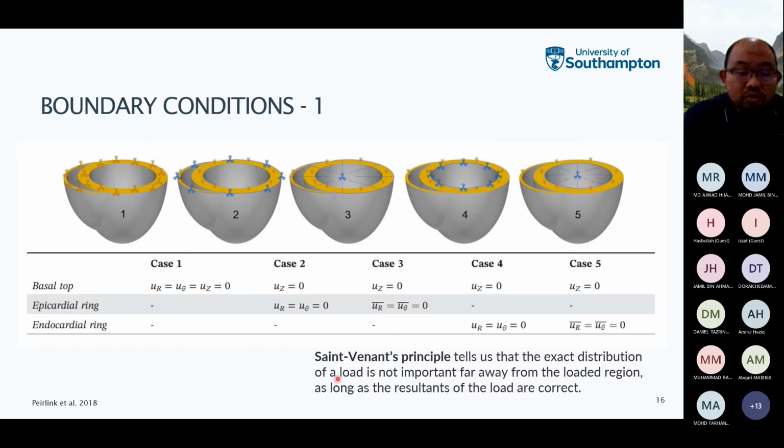That is due to something called Saint-Venant's principle. Saint-Venant's principle says that the distribution of the load or the boundary condition at a region further away from your test site won't affect much the result at the test site. So as long as you're calculating something further away from the boundary, this boundary is unlikely to affect it as much.